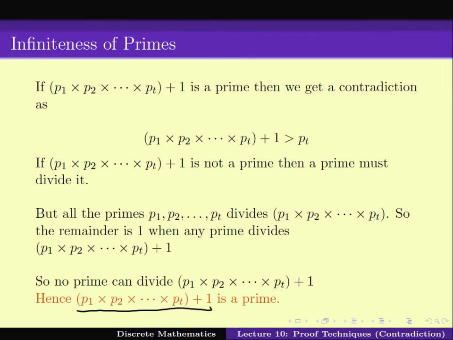And this is a contradiction, as we have discussed earlier, because now we have a number that is a prime that is bigger than the largest prime, which cannot be. So this proves that our initial assumption of PT being the largest prime is false. In other words, there cannot be a largest prime, or the number of primes cannot be finite.